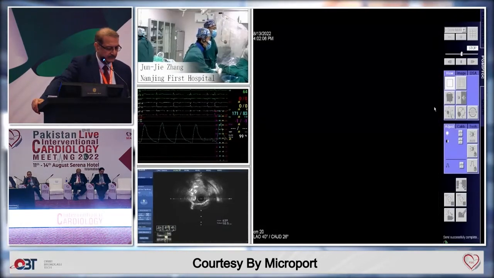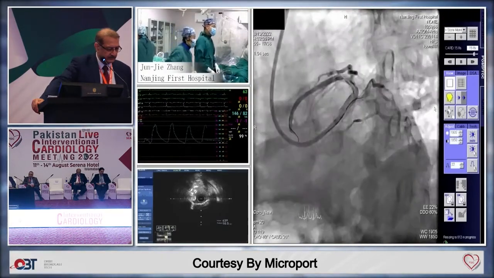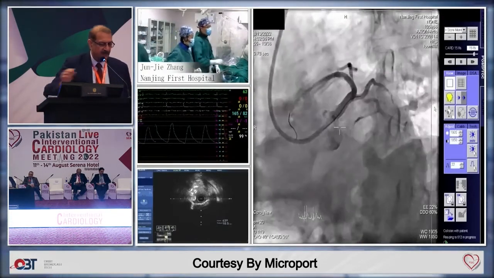Let me take a picture. At this time, I think it's from the proximal cell. What do you think? Go to the AP caudal view.